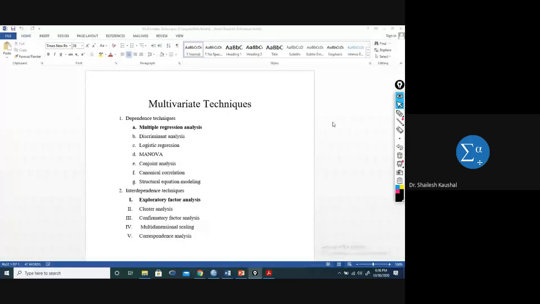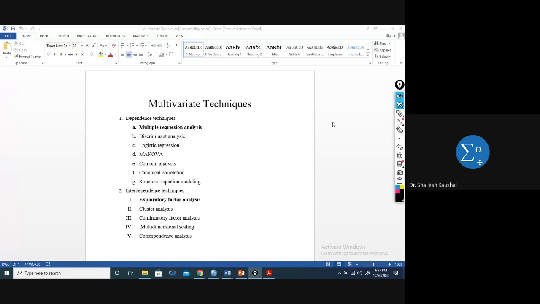There are many names. And then after conducting the factor analysis, we can use many dependence techniques, like we can use these factors for conducting multiple regression analysis, independent t-test, ANOVA, and other techniques also.